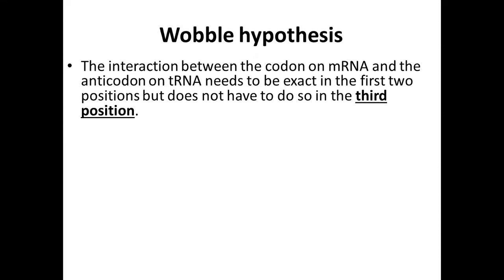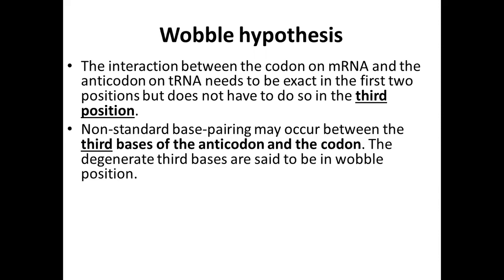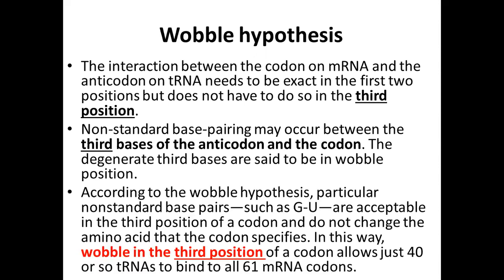But that does not need to be so in the third position. So we found that in the third position, there could be non-standard base pairing, which may occur between the third base of the anticodon on the transfer RNA and the codon on the messenger RNA. So that degenerate third base is said to be in wobble position. So in short, we are saying that wobbling happens at the third position.